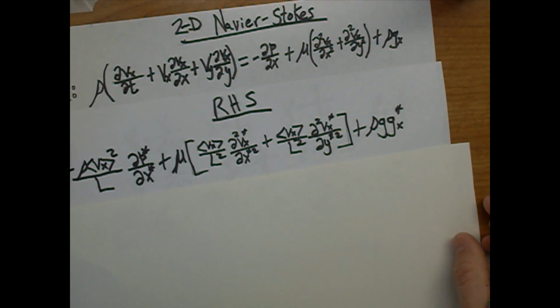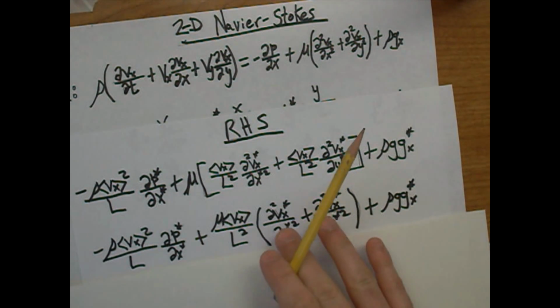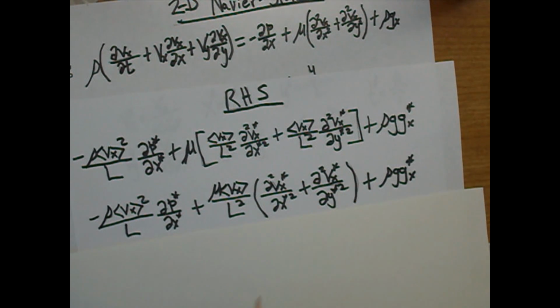So here is the non-dimensionalized right-hand side of the 2D Navier-Stokes, and I just plugged in everything that we just went over into the equation. Again, we can pull these out and rearrange the equation a bit, and here's the equation rearranged. So now we have the left-hand and the right-hand side non-dimensionalized.